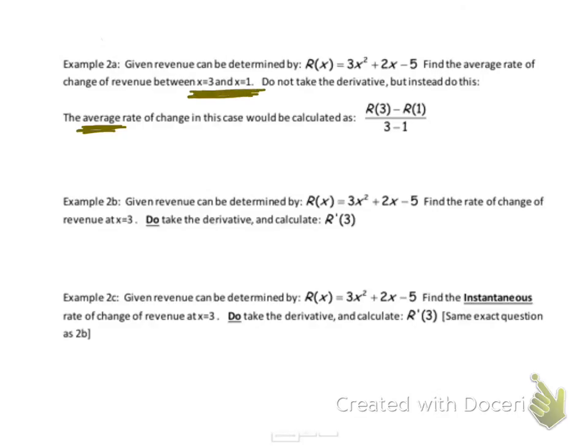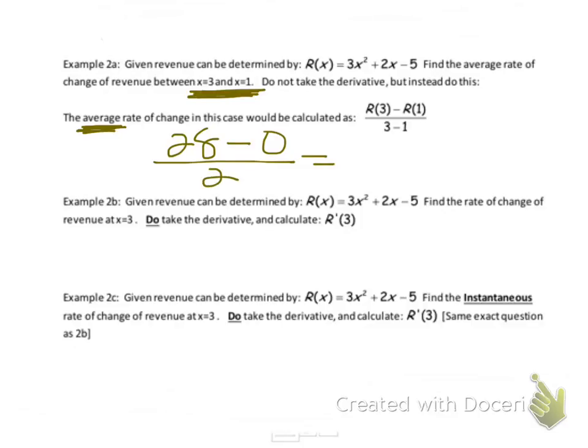Here's your interval, x going from 1 to 3. You evaluate the function, not the derivative, at 3 and subtract r of 1, over 3 minus 1. r of 3 is 28, so it would be 28 minus r of 1, which is 3 plus 2 minus 5, which is 0, all over 3 minus 1, which is 2.